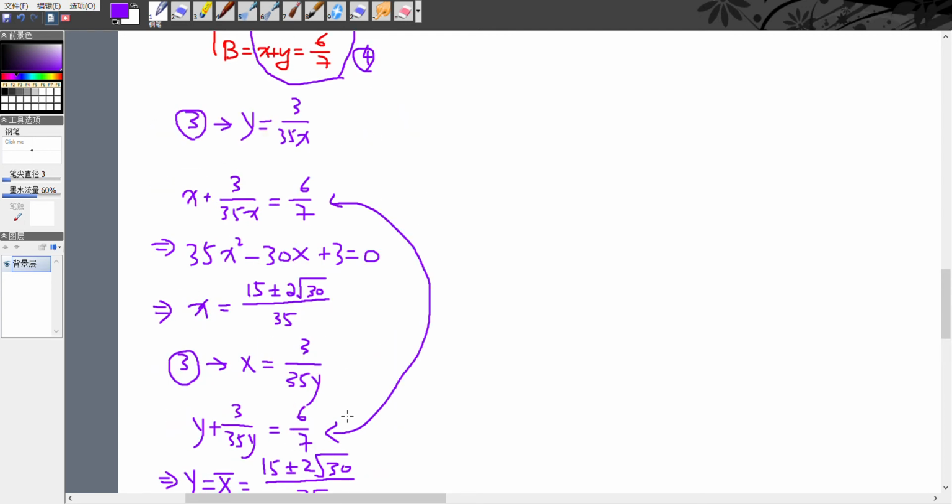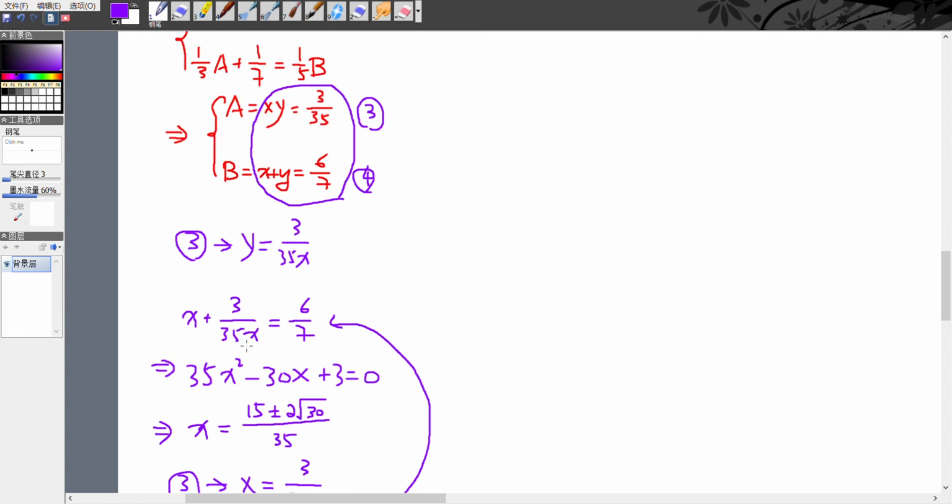Okay, so now what we are going to do is determine the values of x and y, and because there are two values of each of x and y, we are going to match them.